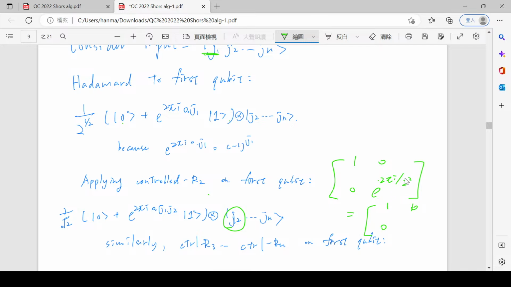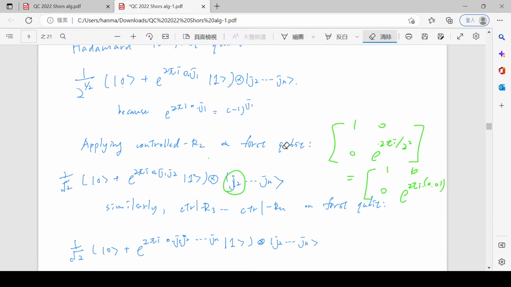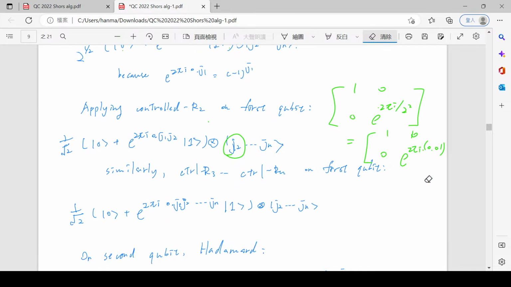If we write this 1/4 in binary, then that's e to the 2 pi i times 0.01, right? So 1/4 in binary is 0.01. And that's how you get this 0.01 times j2 equal to 0.0j2. Okay. So yeah, that's what happens.